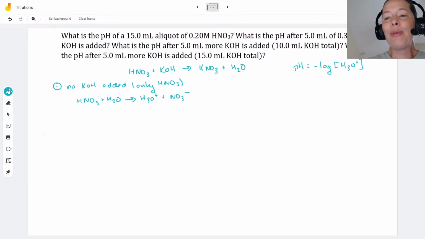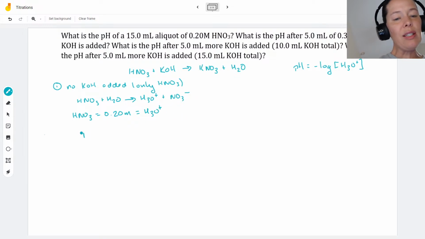This is really easy because we have been given our concentration of nitric acid. And so our concentration of nitric acid is equal to 0.20 molar, which also equals our hydronium ion concentration. So our pH is simply going to be the negative log of our hydronium.